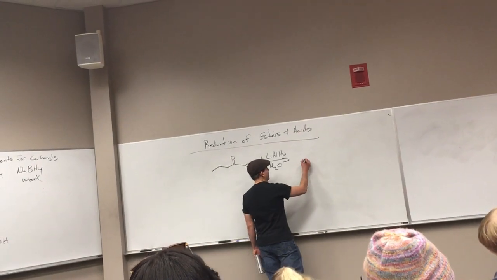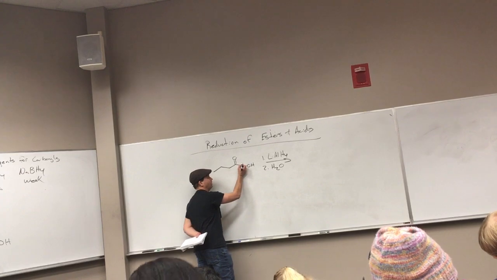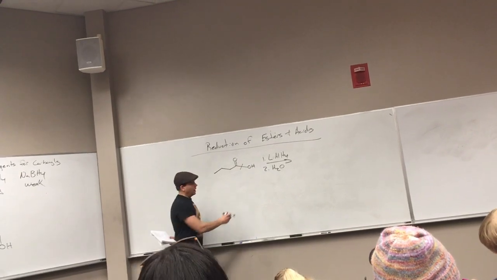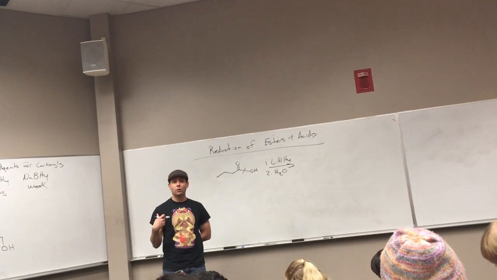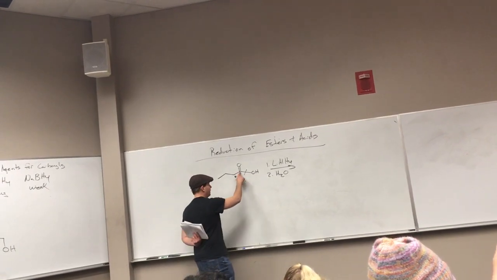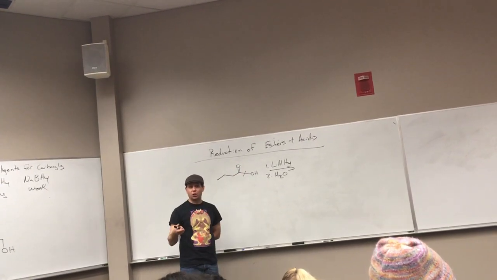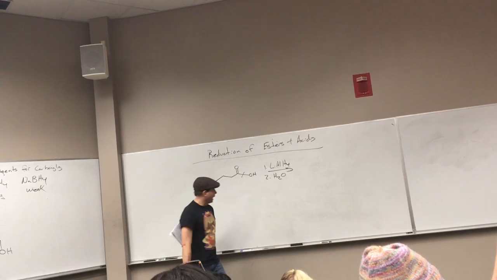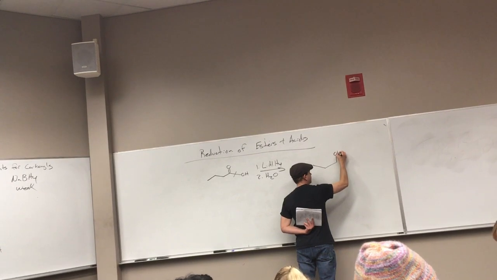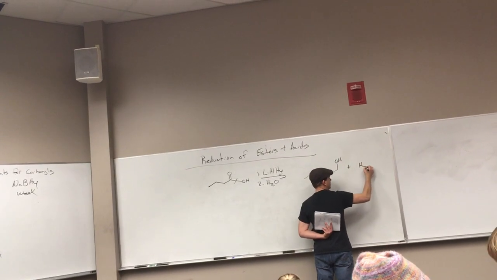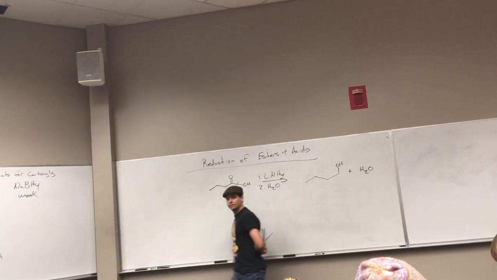And what we will end up here is this bond will be broken. The OH of the carboxylic acid will turn into a molecule of water, and this carbonyl oxygen will be turned into an alcohol. And so what we end up with is this alcohol and a molecule of water.